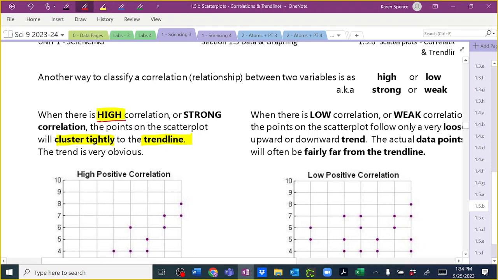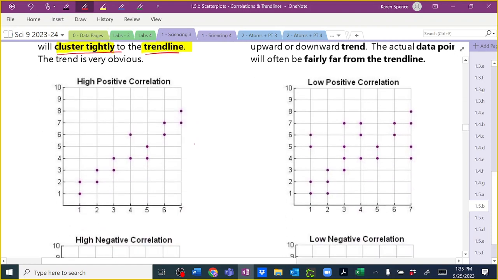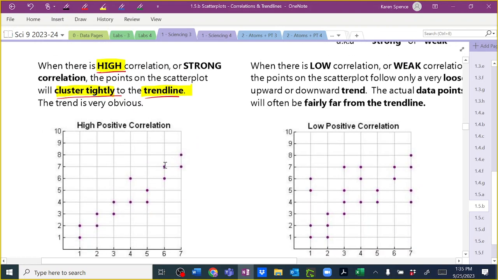We have a high correlation if it clusters tightly to the trend line. And quite frankly, you can't really tell whether something is high or low correlation unless you're comparing.